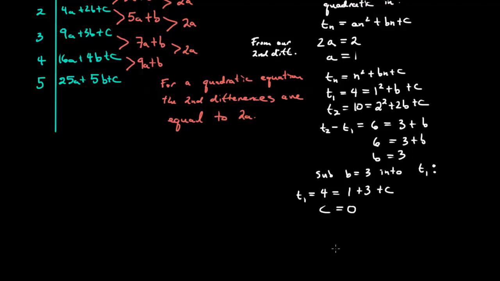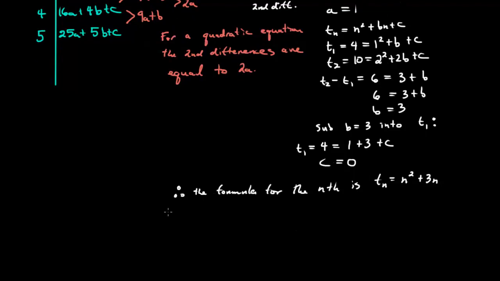Okay? So therefore, the formula for the nth term is t sub n is equal to n squared plus 3n.